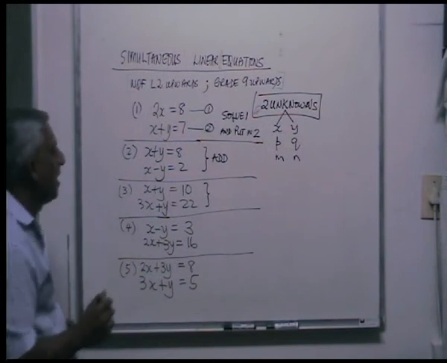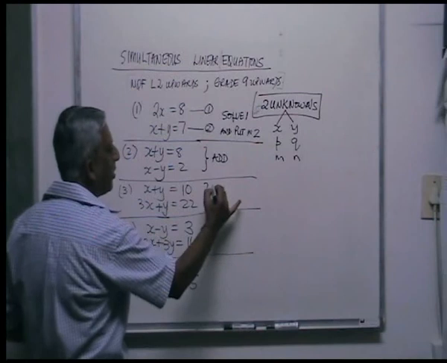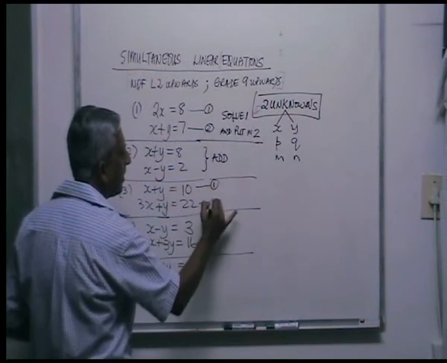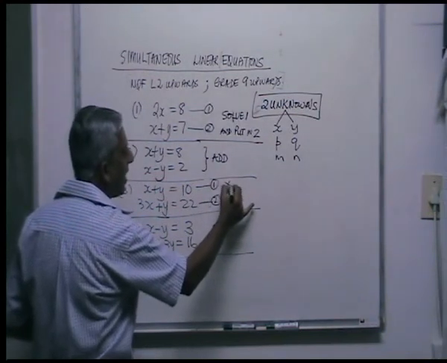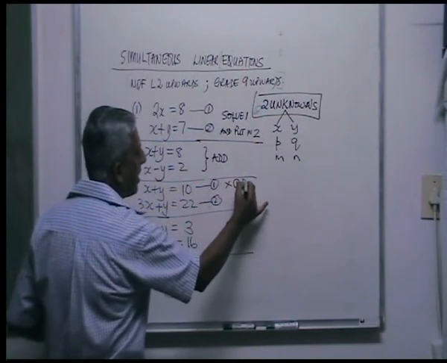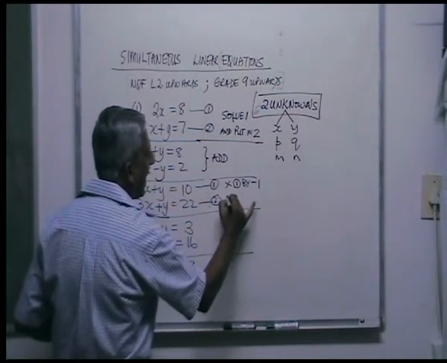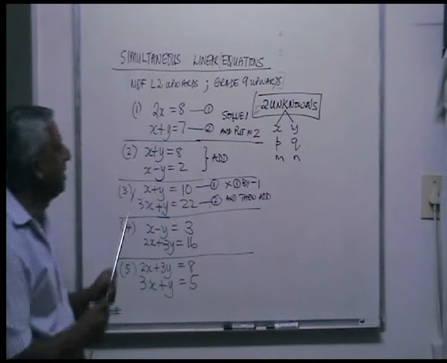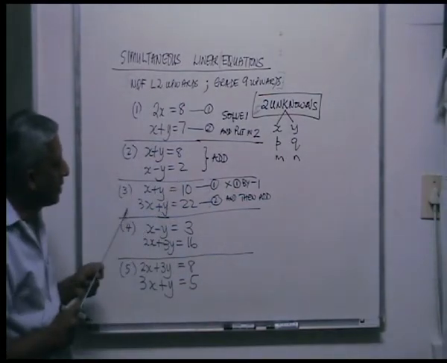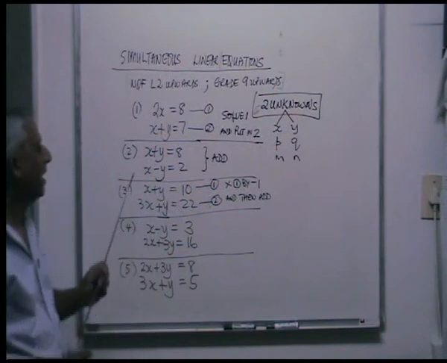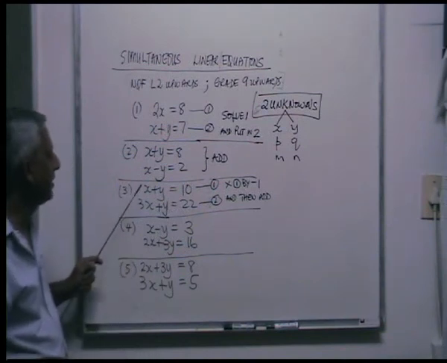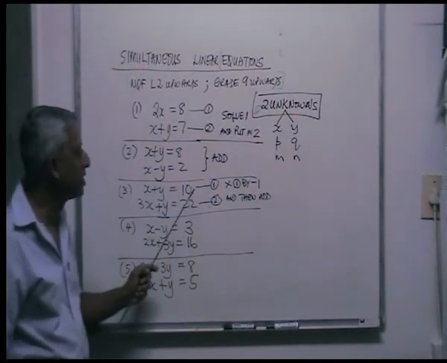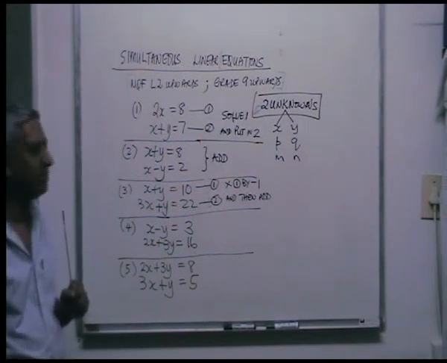So in this example, I will call that equation 1, call that equation 2. I'll have to multiply number 1 by minus 1 and then add. You see here, I could just add. But in this one, after I study the question, I realize I better multiply the whole equation by minus 1 and then add them up.